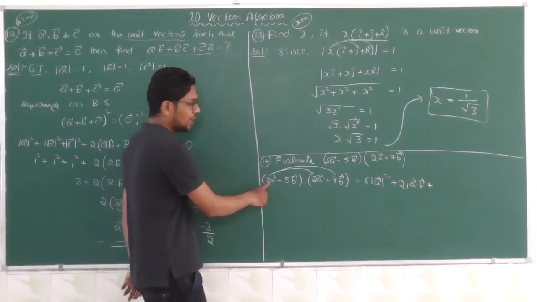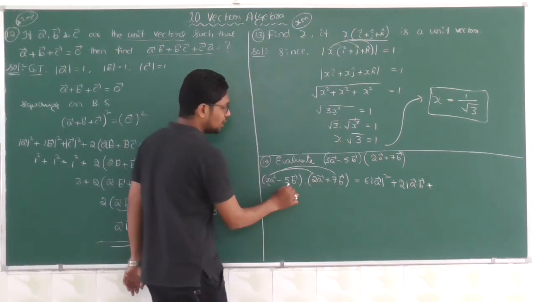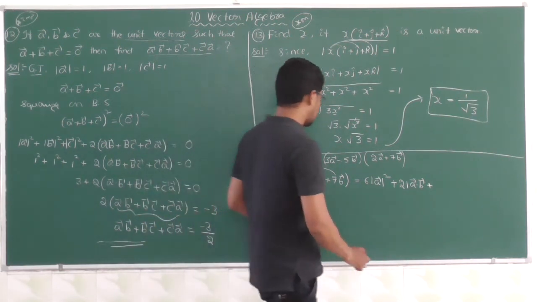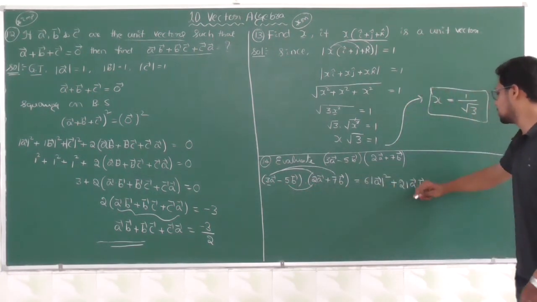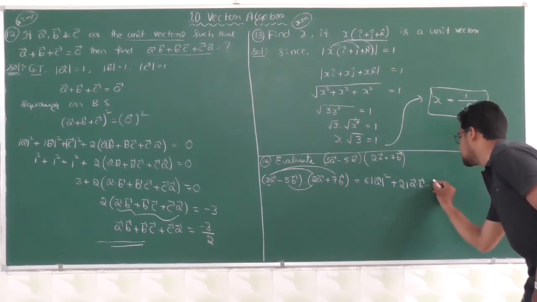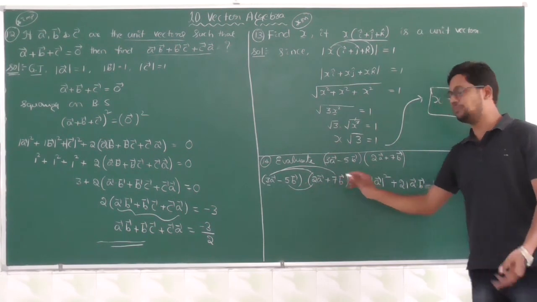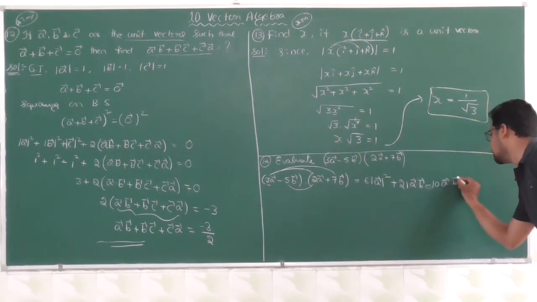I multiplied this 3a vector to these two. After that, we multiply this minus 5b vector to this one. Minus 5 into 2 is minus 10, b dot a or a dot b, minus 10 a dot b.